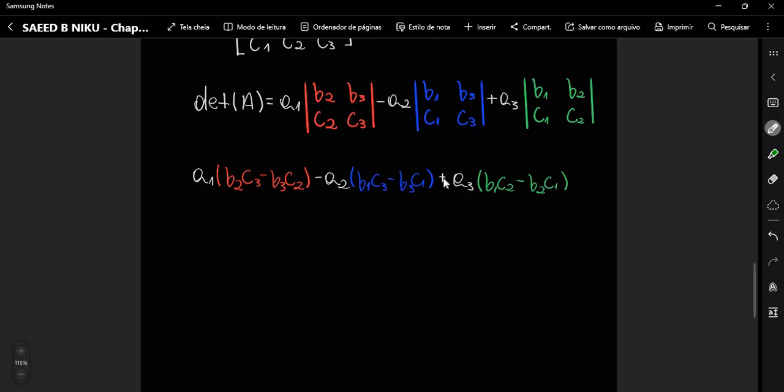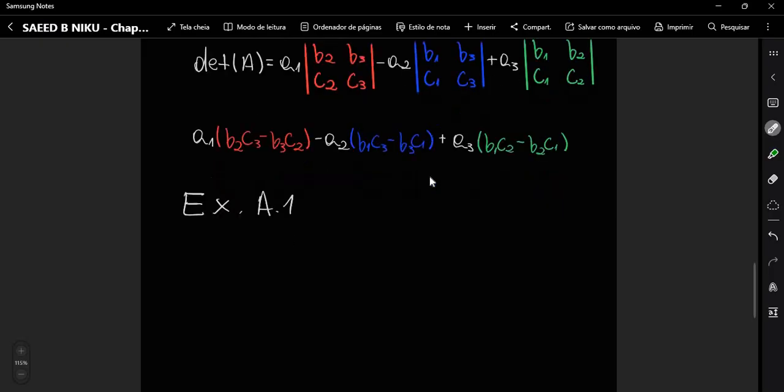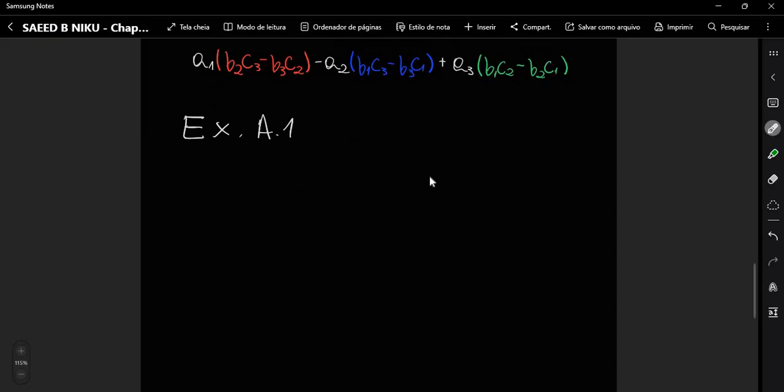Let me do this in the order that the book brings to us. Example A.1 is how to calculate the determinant of a 3 by 3 matrix, a quadratic matrix of order 3. And right now, I will just change the notation of the terms.